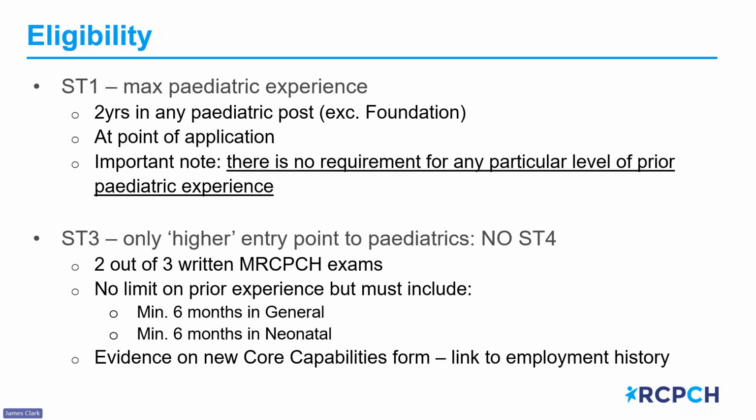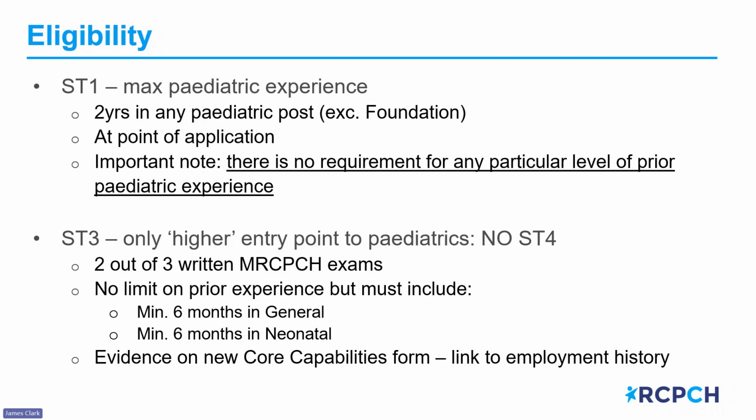Whereas you do need to demonstrate your foundation competencies for ST1, you need to evidence your core capabilities in paediatrics so that you're level to somebody else who's already an ST3 trainee. So you've got an evidence form there, which is the core capabilities paediatric training form, which needs to be completed as well. That's the only other document really that you'll need to attach to your application.